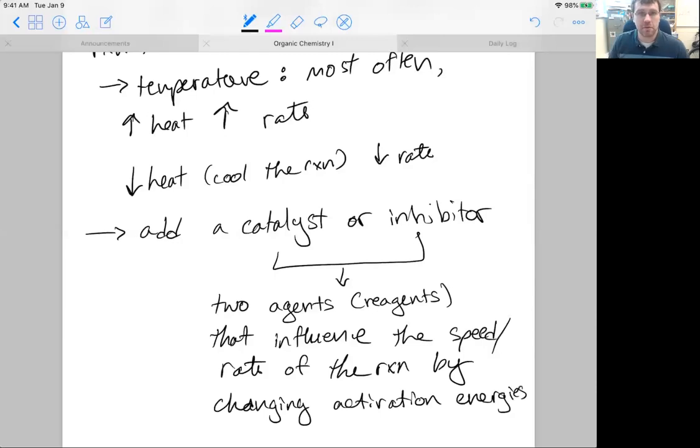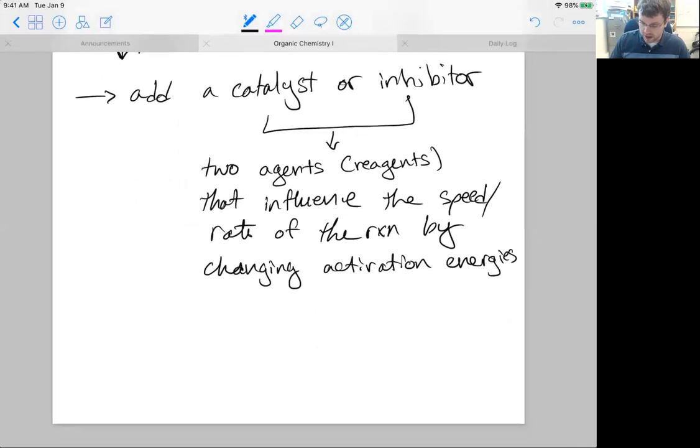Okay, so that's kind of the principal thing that catalysts and inhibitors do. Now, for those of you that have seen this before, you know there's something about how they're consumed or regenerated that we need to get to. But the focal point is going to be on energetics. And that is going to be, if we're going to speed up the reaction, we need to influence the activation energy, because that's what controls how fast or slow a reaction is.